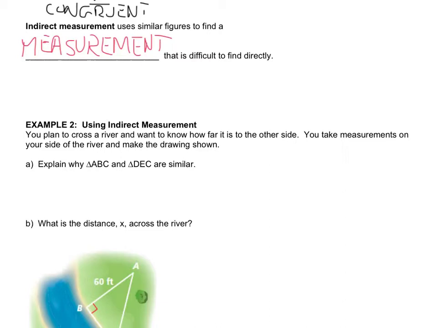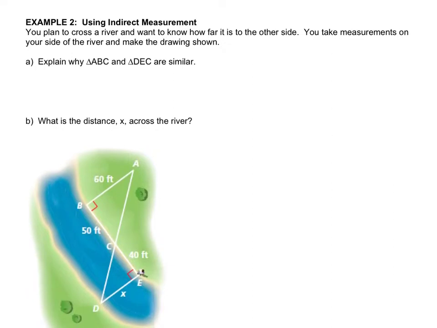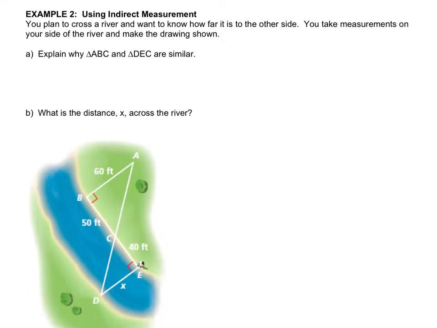Well, we got to look at a couple of things here. If I bring this picture into the view here, we just talked about how we know that they are similar if there are two angles or corresponding angles that are congruent. That would mean the third one is also congruent, which makes the two triangles similar.